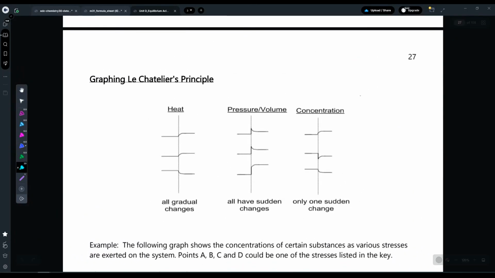So at the top of this page here, we're given a couple of examples of what different stresses will look like on graphs. And all of these lines on these three separate graphs represent the concentrations of either reactants or products.